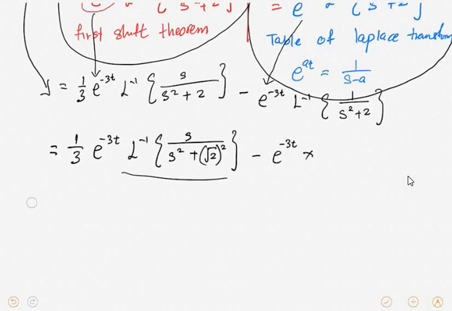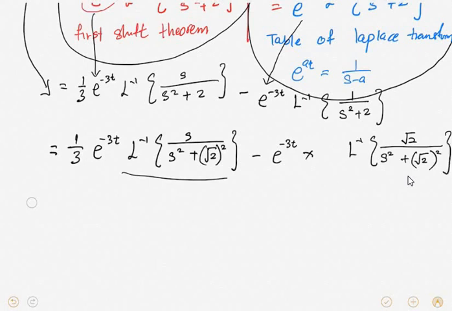okay, let's say if you have this one, if you want to get a sine at is a over s squared plus a square, right? So a square, now your a is square root of 2, so we need a square. How to get a square is square root and square. So this one is square root.